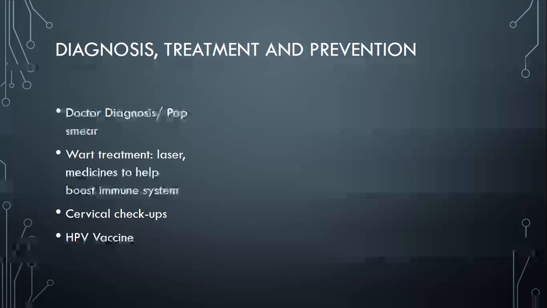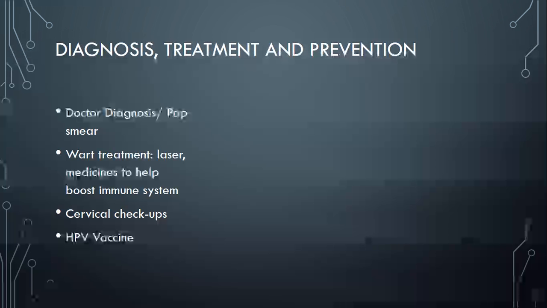There's wart treatment, there's lasers and medicines to help with the immune system. There's loop electrosurgical excision procedure, which is also known as LEEP, and that just gets rid of the infected cells of a pap smear. It's important to get cervical checkups because if you have been red flagged as having an abnormal pap smear, you need to realize and keep up with your body and see how your health is managing.